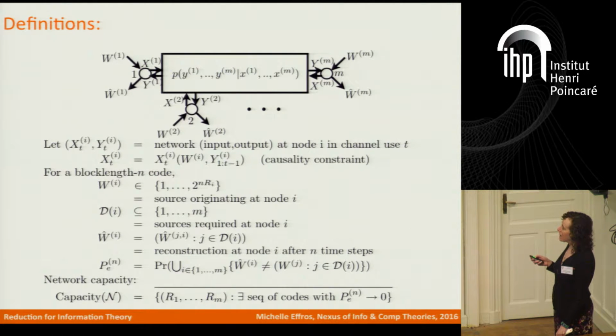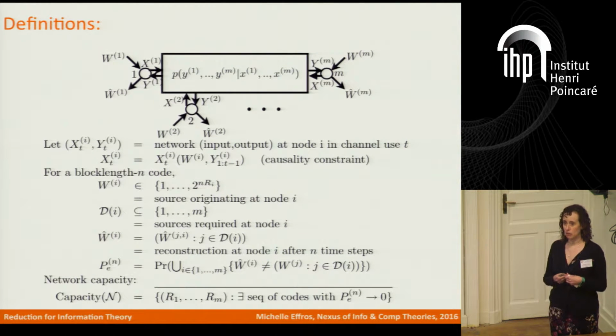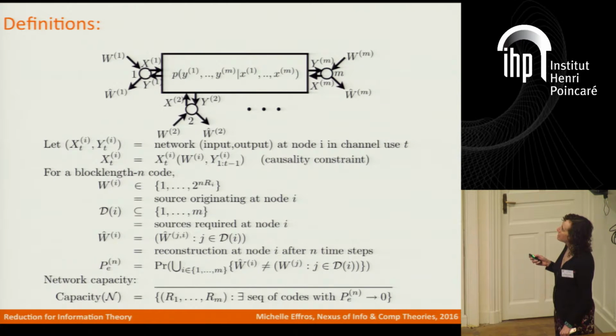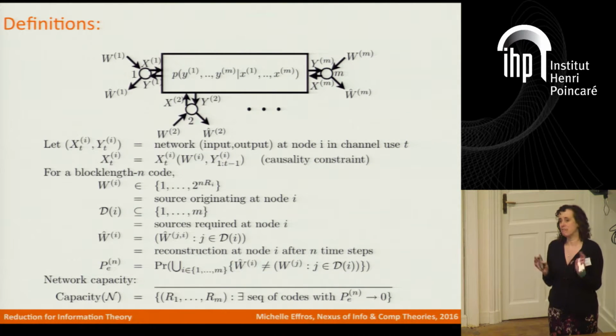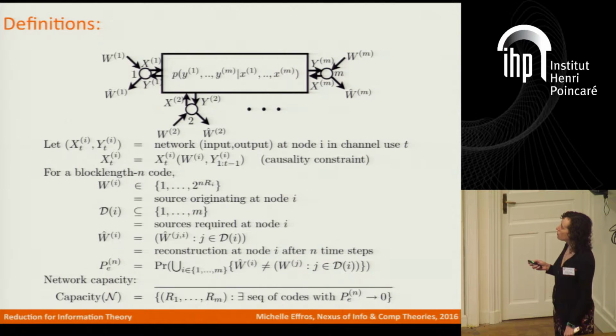And the input at time t from a node i relies only on information available to that node at that time. So we'll imagine that each node has some particular source that he's interested in communicating, and if some particular node has no source, that's okay. He can just have a source of rate 0. So we'll call that source that he's interested in communicating w_i, and that w_i will be available a priori to that node. That is, he knows the full message that he's trying to communicate from the beginning of time.